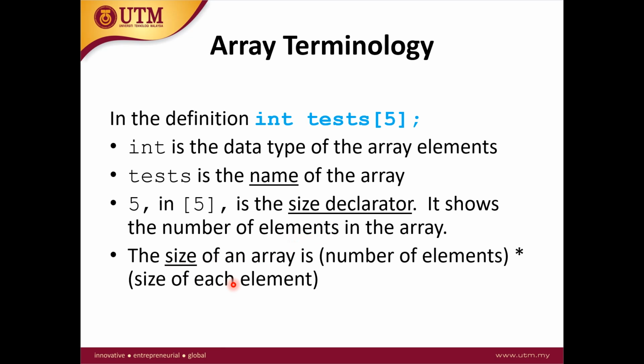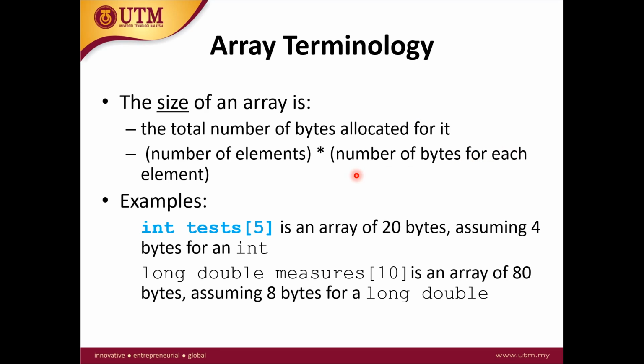This size also specifies the number of elements multiplied by the size of each element, so here we can say the number of bytes for each element. If we have 5 elements, then 5 multiplied by the bytes per element is going to be allocated inside the memory.